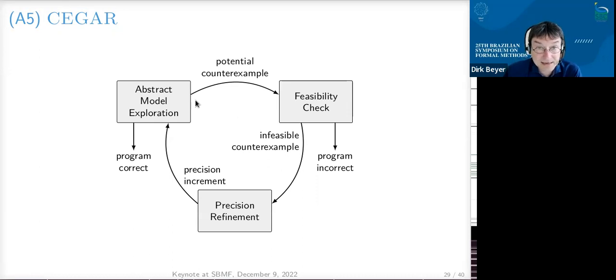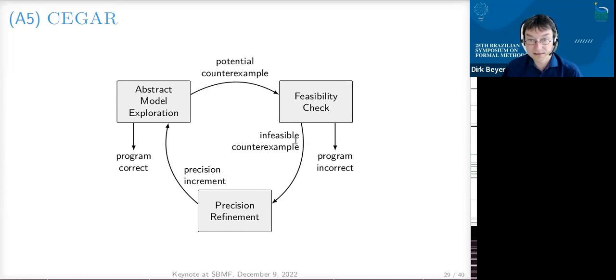But if it finds a counterexample, then this counterexample might be due to over-approximation, right? So it might be a spurious counterexample. Therefore, we need a second component, which we call feasibility check. This checks whether the error path is really executable in the C semantics. If it says yes, this is feasible, then we can report a bug and we are done here.